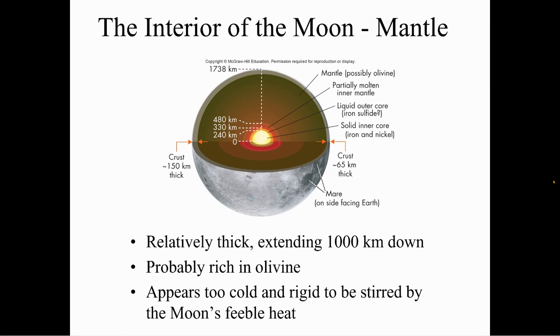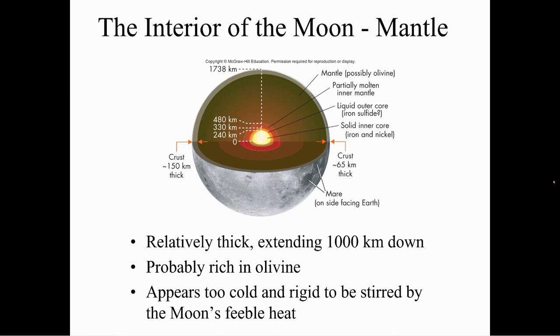It appears too cold and rigid to be stirred by the moon's feeble heat. Now, I will say too, there's not much of a convection current, but some people believe that the moon has a hollow property to it.